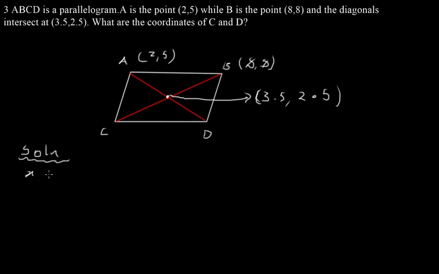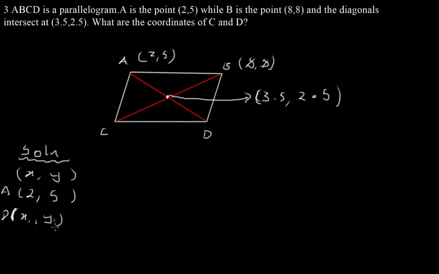Remember, we've got X and Y. Then for the first point, which is point A, we've got 2, 5. And for D, since this is what we're looking for, we're going to give them any values that we feel like giving them. So let's assume the coordinates to be x1, y1.